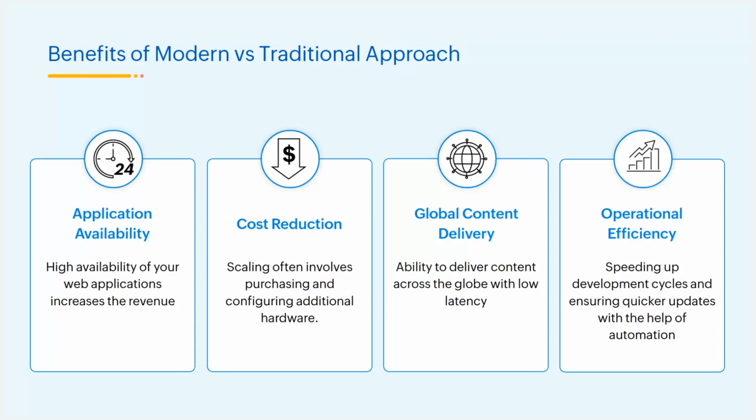So the last is operational efficiency. Managing and maintaining traditional applications involved manual processes of deployment, scaling, and maintenance, with limited flexibility and agility in responding to changing business requirements.